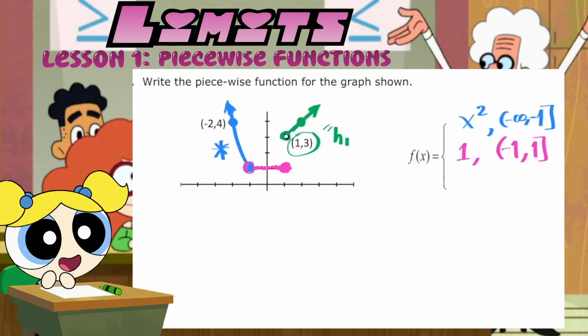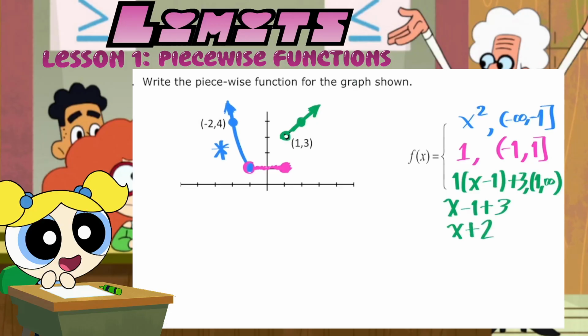So let's just clean up the mess though. I will have 1 parenthesis x minus 1 plus 3, comma, 1 until infinity. Now if you distributed, obviously x minus 1 plus 3, and then that's x plus 2.